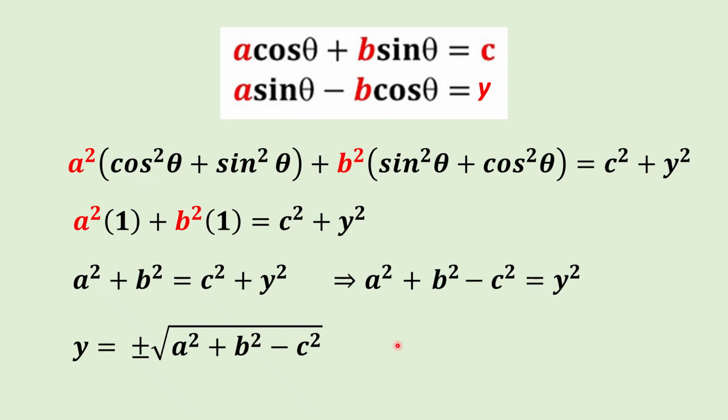What gives the idea that we must square them first? If they can answer this question, well, their reasoning skill is okay. So ask the student, even after watching the video, why should we square, right? So the final answer: y is equal to plus or minus square root of a square plus b square minus c square.